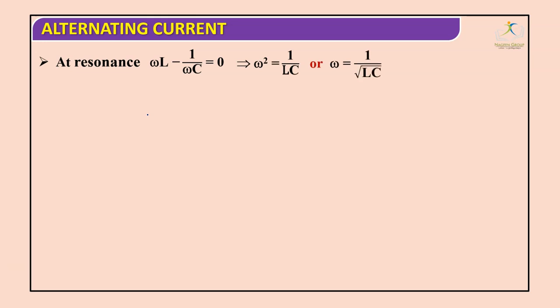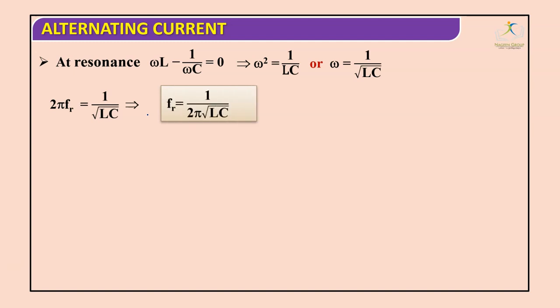We can say ω² = 1/LC, and we can calculate the value of ω, which is 1/√(LC). Because we know ω is 2πf or 2π/T, this becomes 1/√(LC).